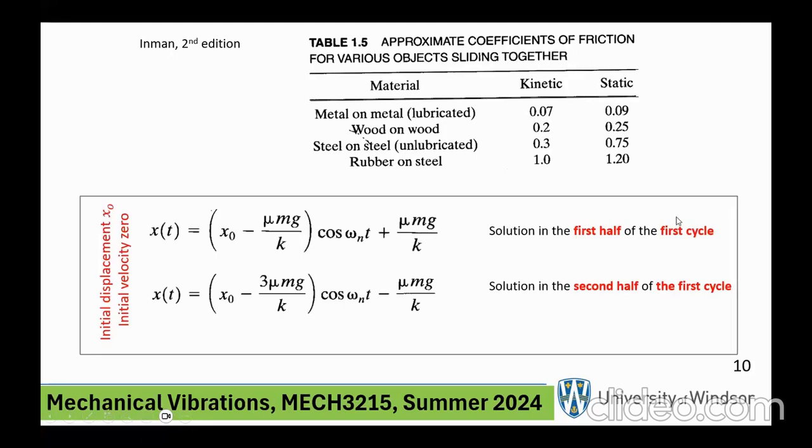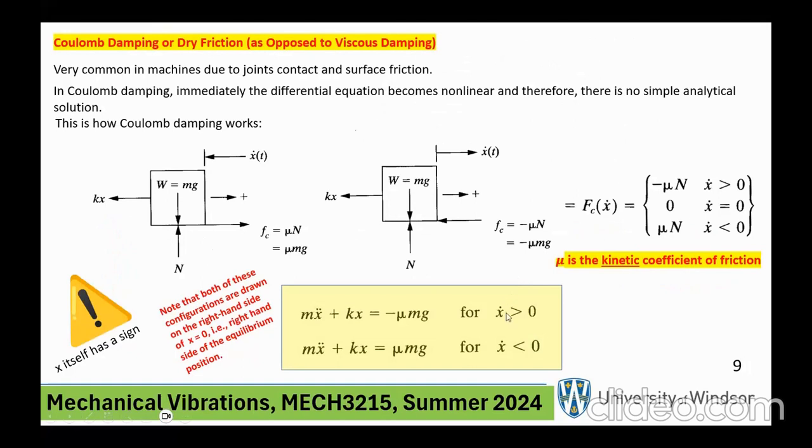Now, we are lucky because these two equations, although the entire thing is a nonlinear equation because the right-hand side changes depending on how the block is moving, individually they can be solved. And if you say how, this is a non-homogeneous equation.